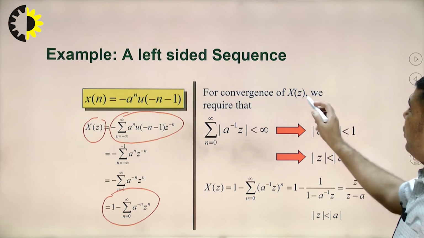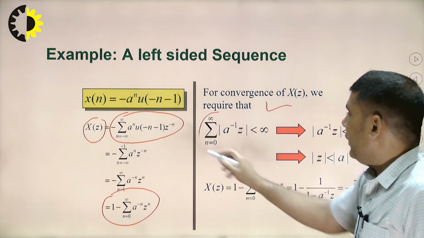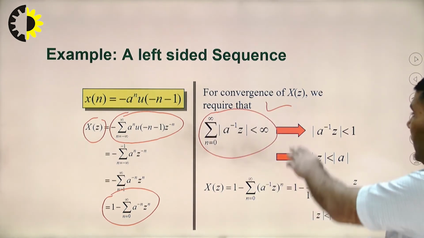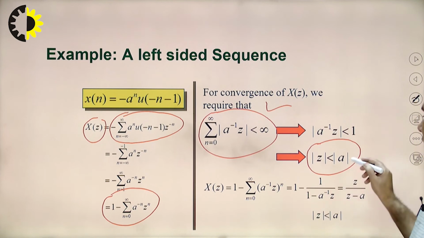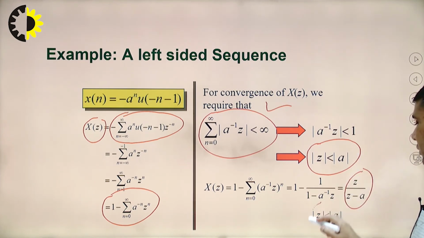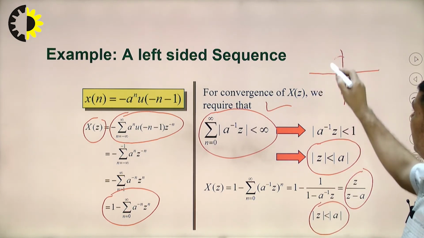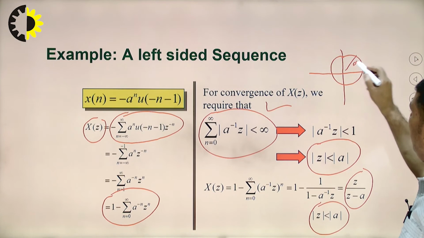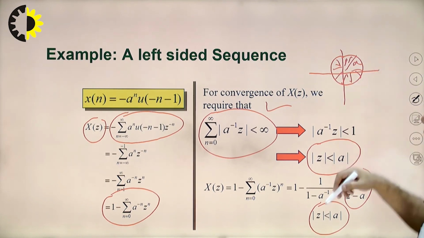For convergence of X(z), we require that the magnitude of this must be less than infinity. Solving it, |z| comes out less than |a|. So this is the z-transform, z over z minus a. Here the ROC for the left-sided sequence is a circle having radius a, and the inside is the ROC. Okay, so this is the ROC.